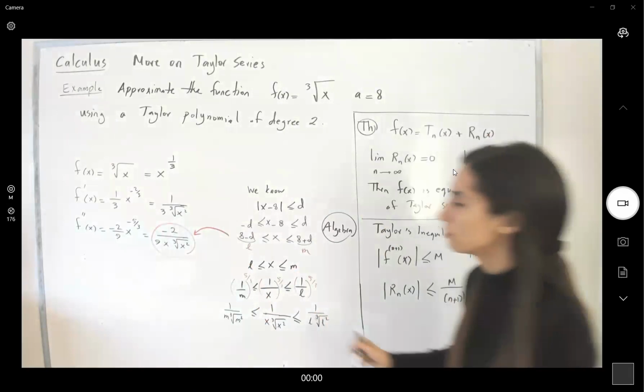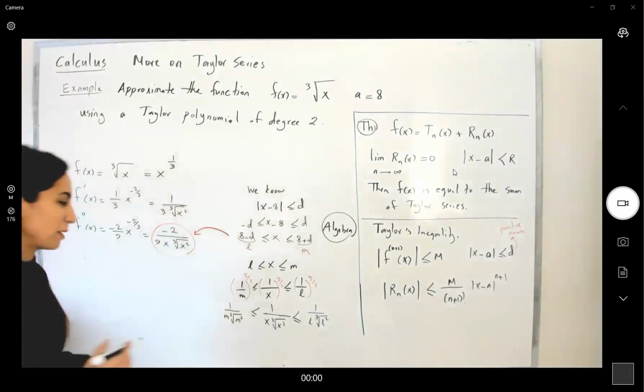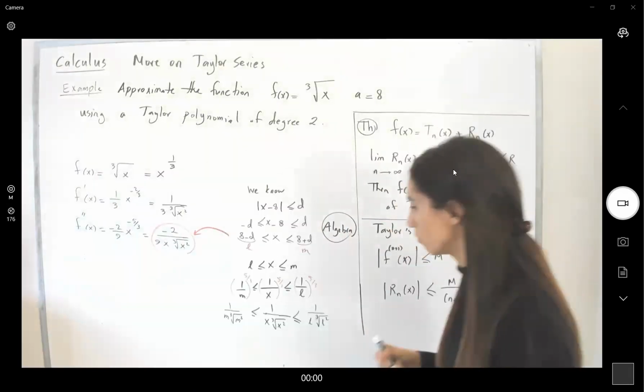Now, what if I multiply them by negative 2 over 9? Multiplying everything by a negative number, you have to switch the lower bound and upper bound. So what do we get?